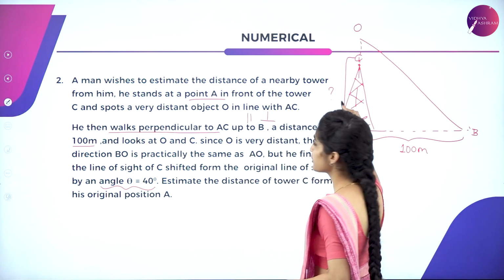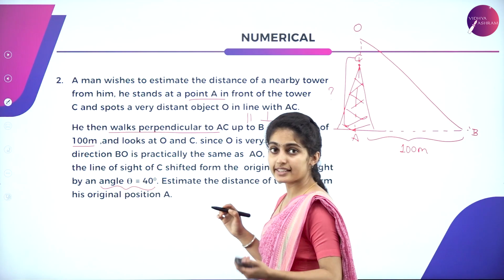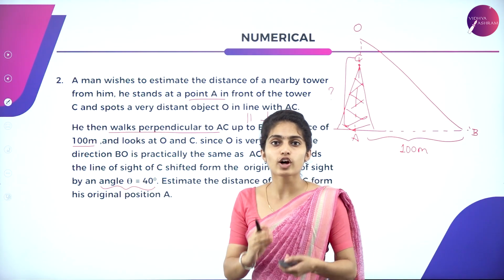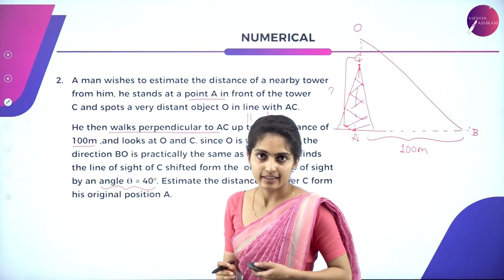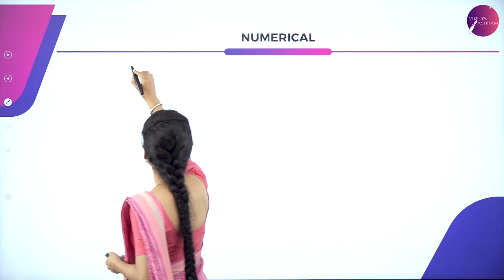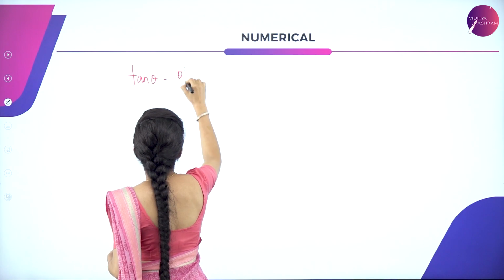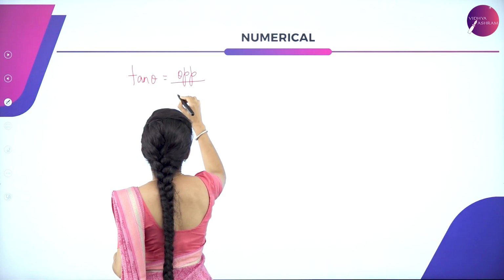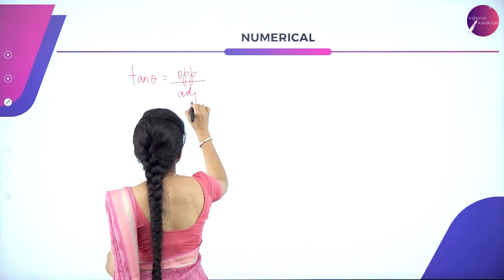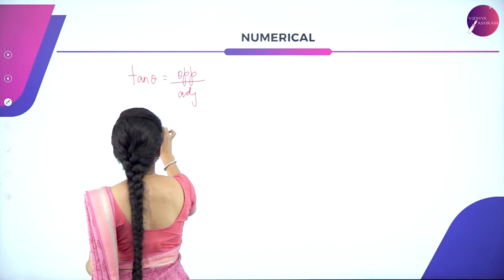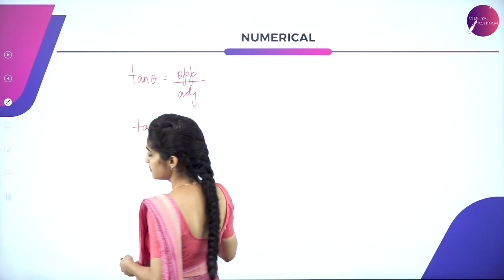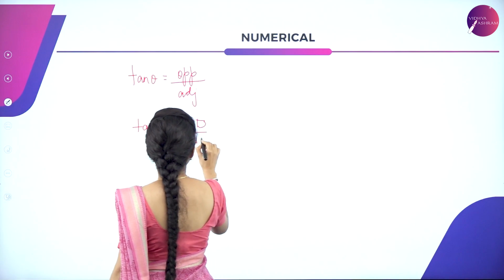So we need to find out this distance. So let us take a slope. Slope is always calculated by tan. So tan theta is equal to opposite by adjacent. So tan theta is equal to AB by AC.